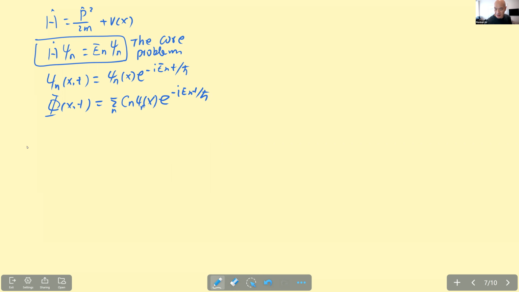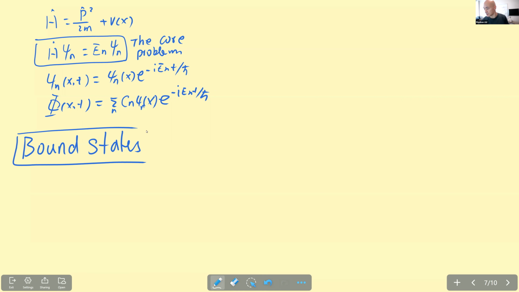Okay. So if we consider so-called bound states, that means this psi_m(x) goes to 0 properly. That means fast enough.